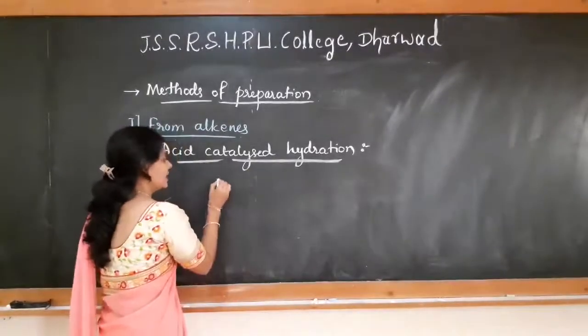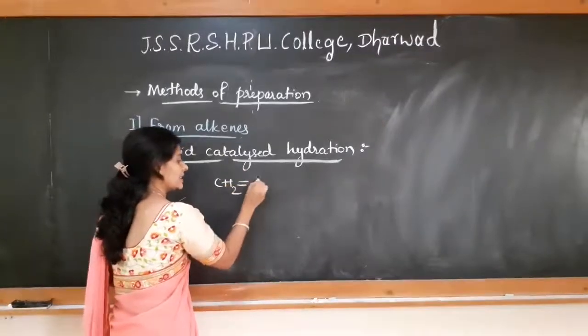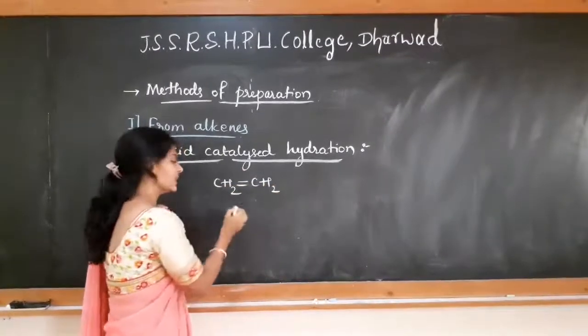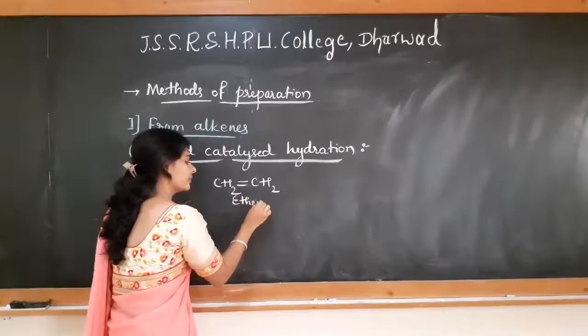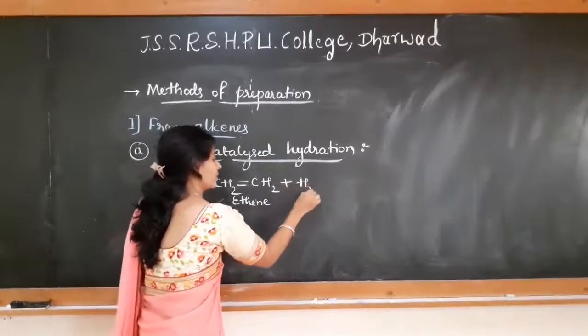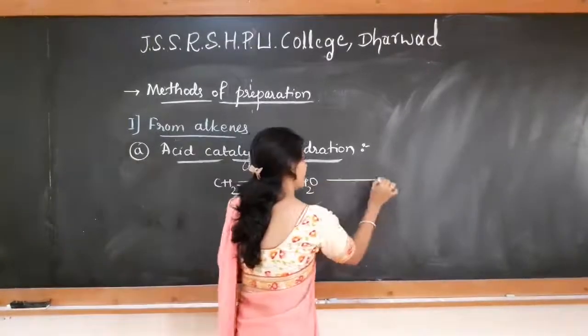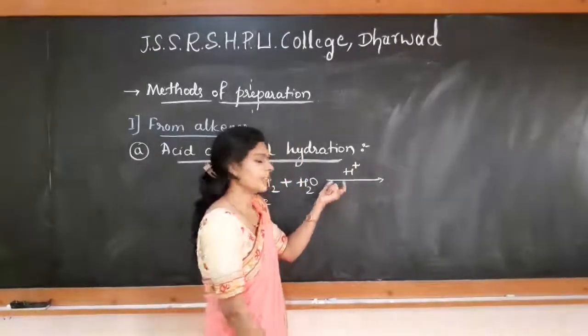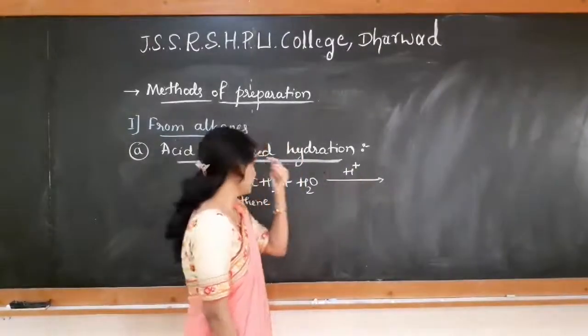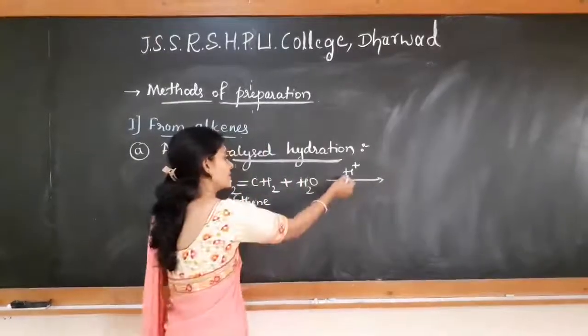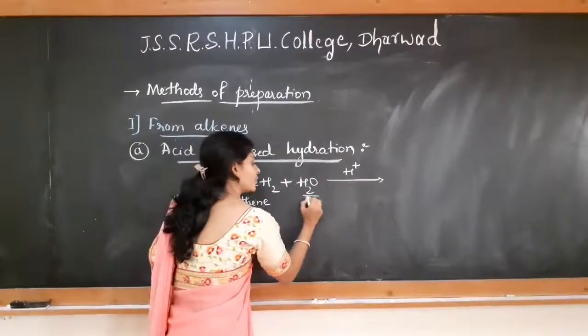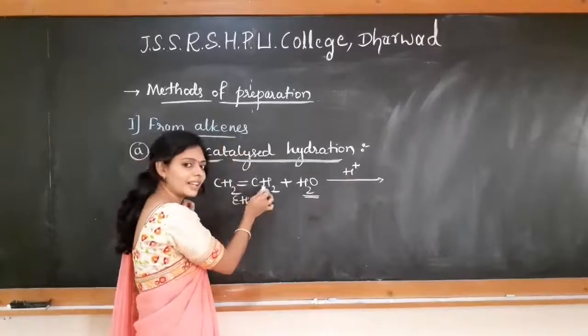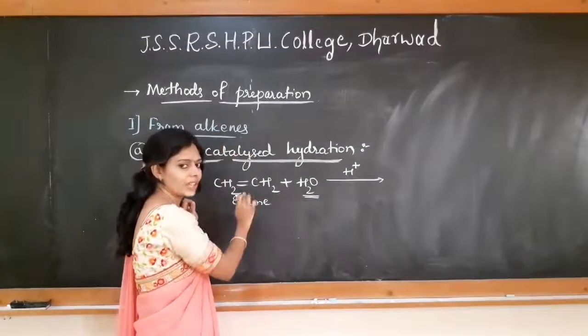For example, if I write ethene as an example, when ethene is treated with water in presence of acid, you can take H2SO4, HCl, any acid, then in presence of acid this H2O goes and adds across the double bond. Addition reaction takes place.